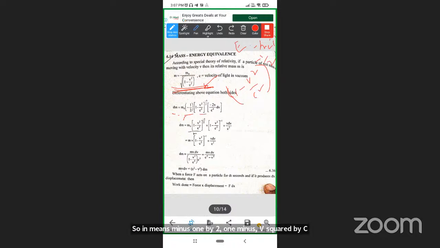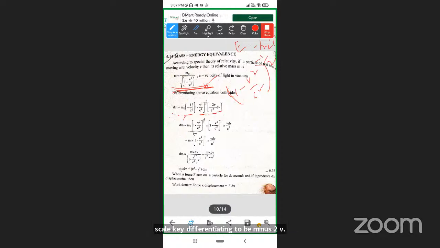Again, differentiating v square by c square, we get 2v by c square into dv.